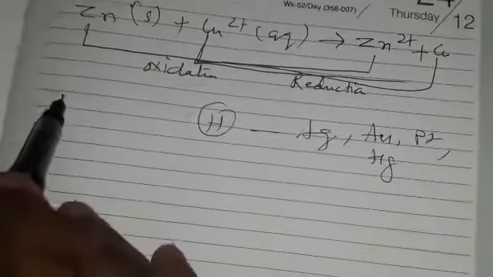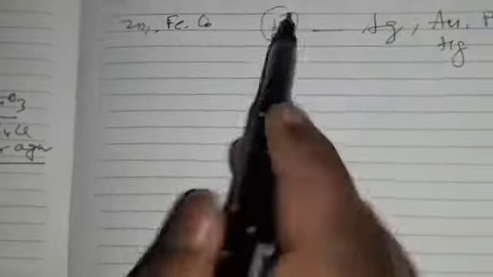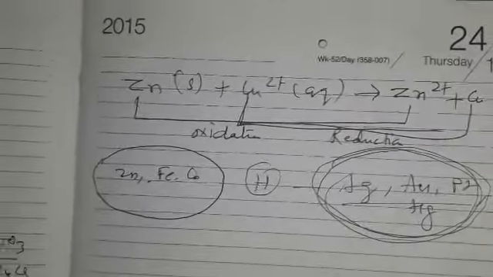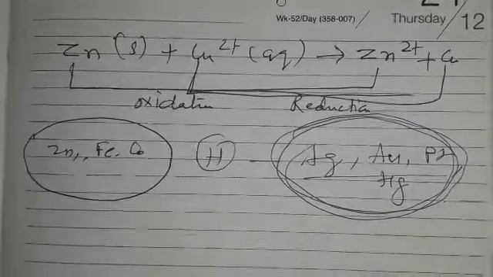Gold, platinum, mercury are below hydrogen, and zinc, iron, cobalt are higher than hydrogen in the electrochemical series, because those below are not strong reducing agents, they are strong oxidizing agents, and the others are strong reducing agents. So you have understood the oxidizing and reducing agent.